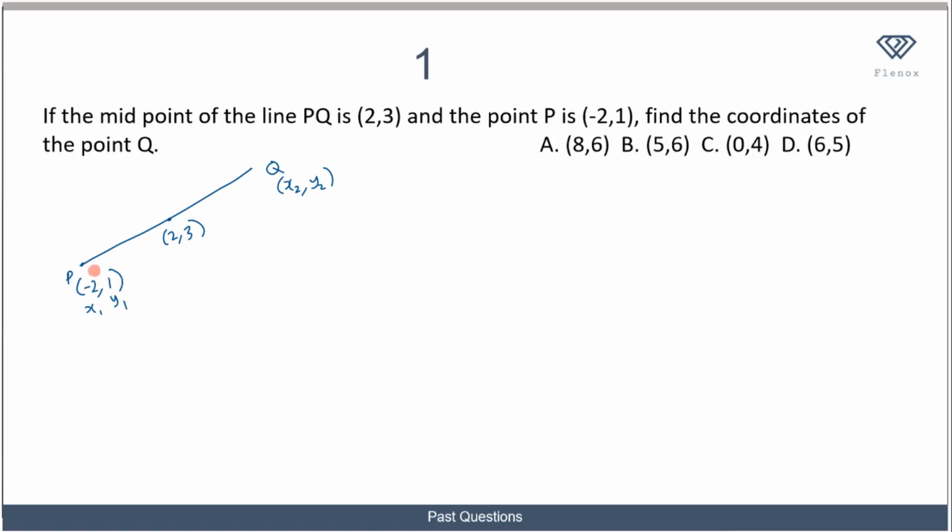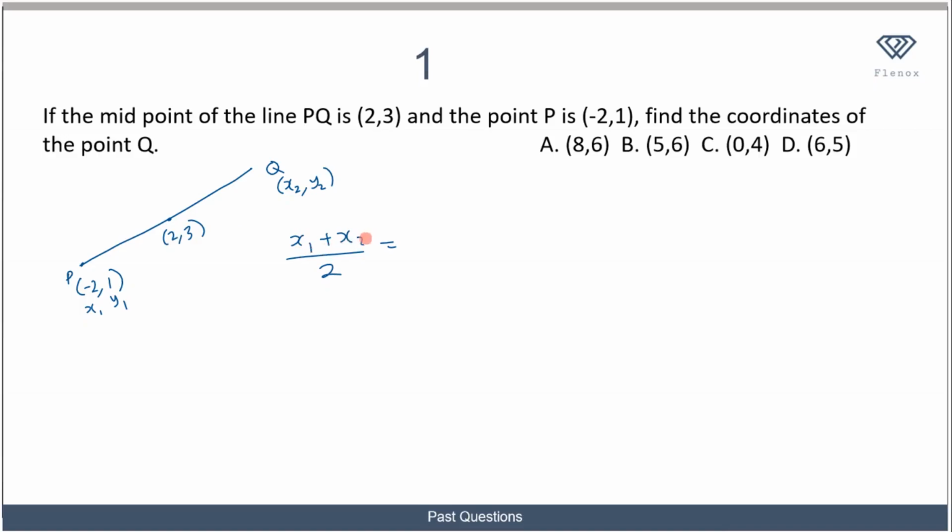Now if I want to find the midpoint of line PQ, you know that I'll find the sum of the x coordinates of both P and Q. So to find my midpoint for the x coordinate, I will have x1 plus x2 over 2, and that will give me the midpoint for the x-axis. I'm told that the midpoint for the x coordinate is 2.